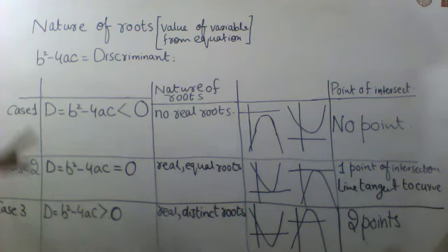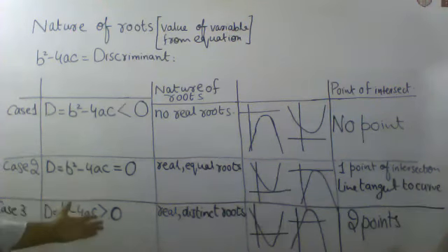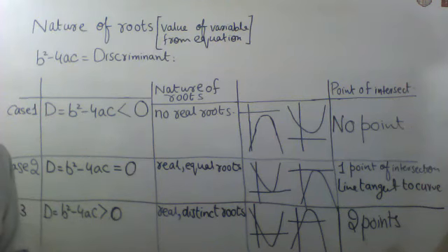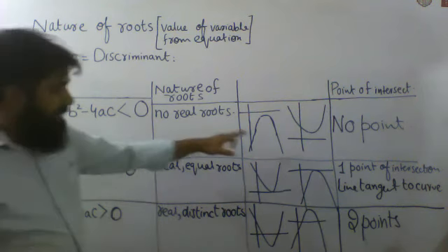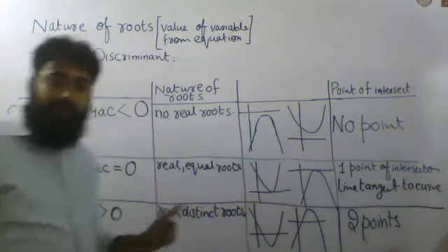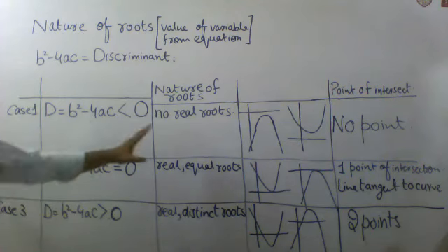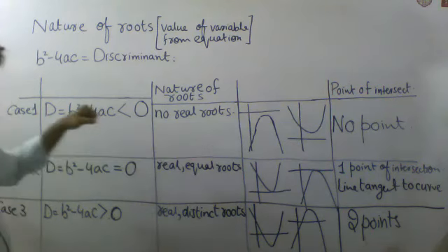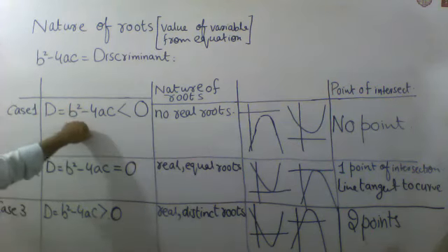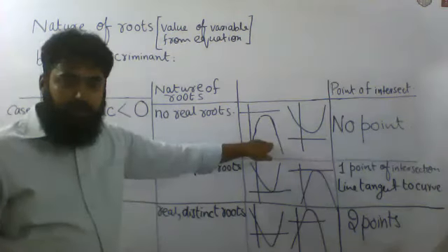So these are the natures of roots which you have to remember, and we are going to use them to find out some of the values which will be given in the quadratic formula. Everything is connected with each other. If they say no real roots, they are talking about this graph.